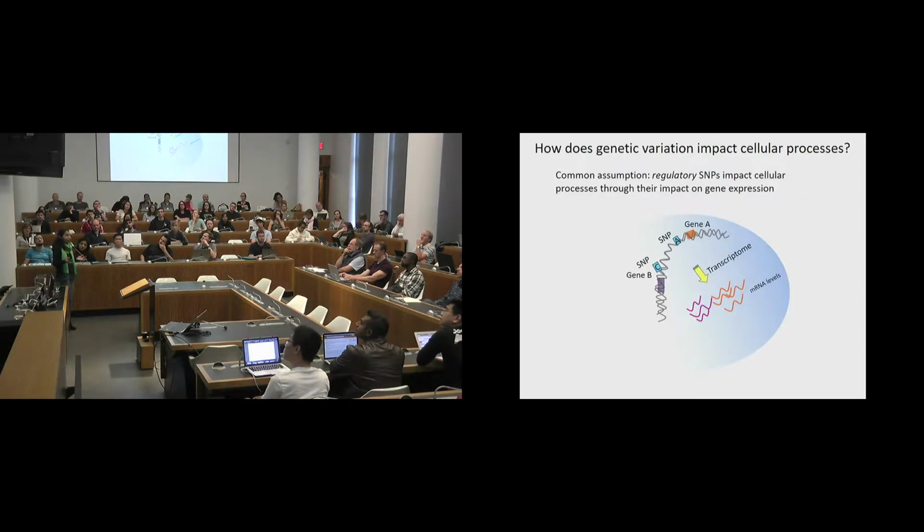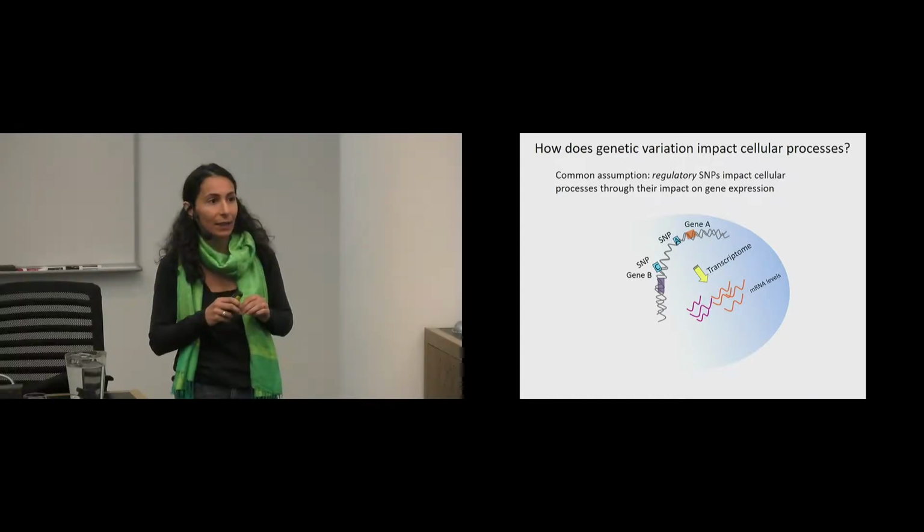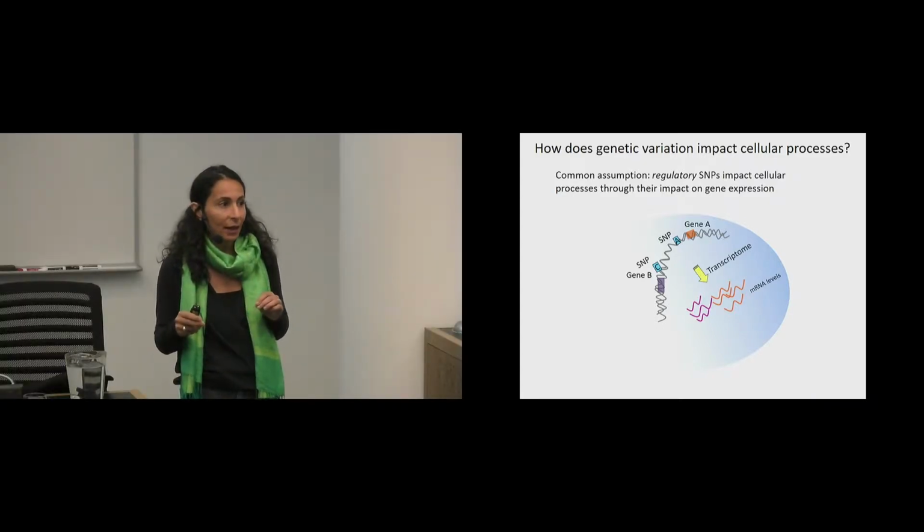So one common approach one can take is to try to associate these non-coding SNPs to some sort of regulatory activity by linking them to genes that they regulate. And if we can do this, then we can already understand a lot because we know a lot about genes.